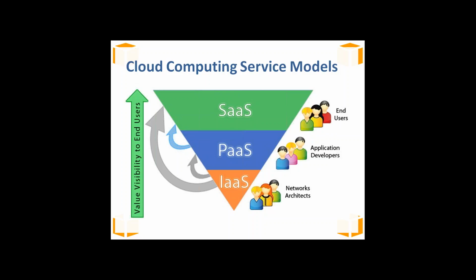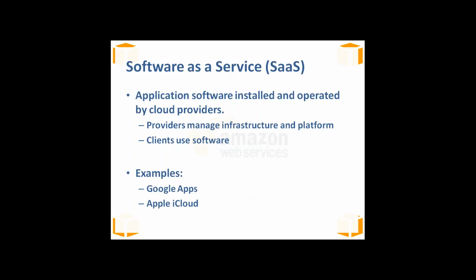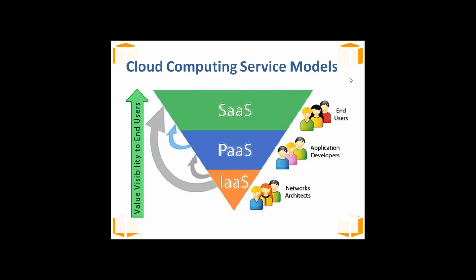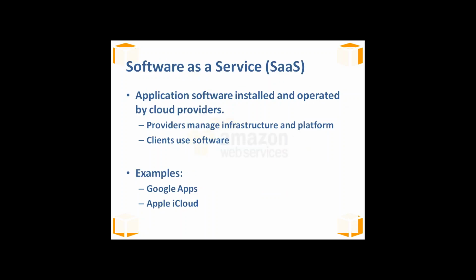I'm going to talk about the first one, that is software as a service. As we know, software as a service is used by end users. Let's understand in detail: the application software is installed and operated by cloud providers. So providers, the people who provide this software, manage the infrastructure as well as the platform, and the end users are the ones who make use of the software.